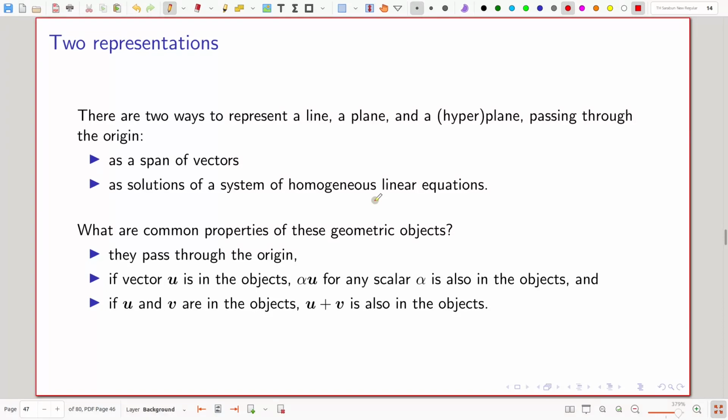And if a vector is in the object and you scale that vector, it also belongs to that object. And finally, if you have 2 vectors in that object and you add them up, the result also belongs to that object. If we have an object like this, we will refer to it as a vector space.